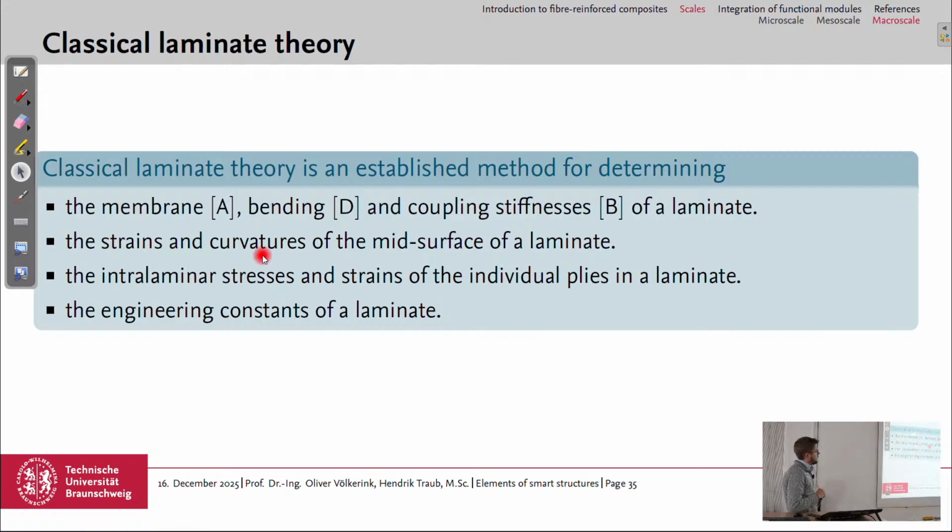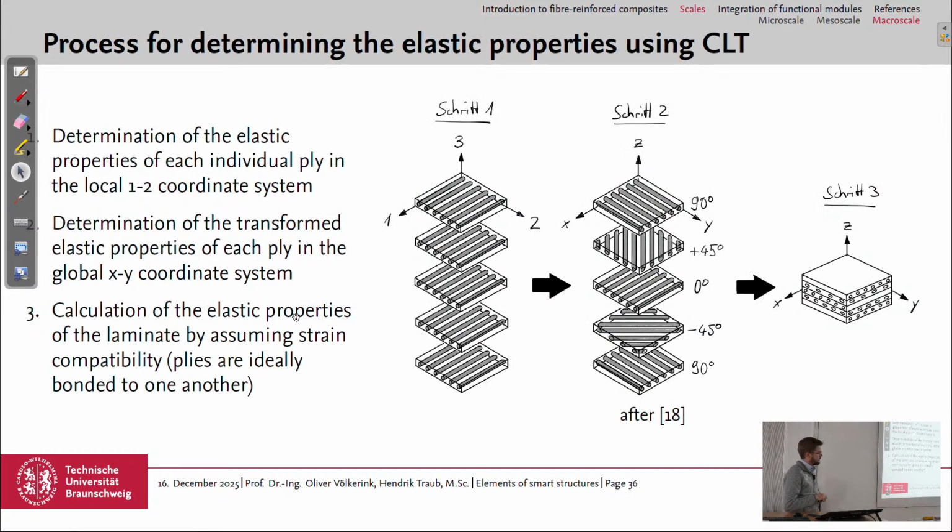We assume that strains and curvatures are at the mid surface of a laminate, and use the engineering constants of a laminate. So how does it work? Very briefly, without giving you the equations, we have our individual plies where we have the properties from.